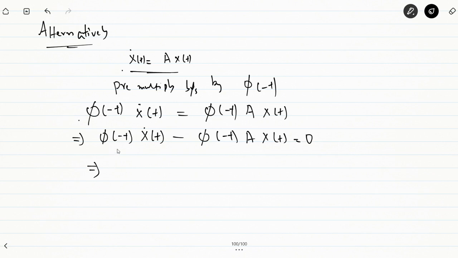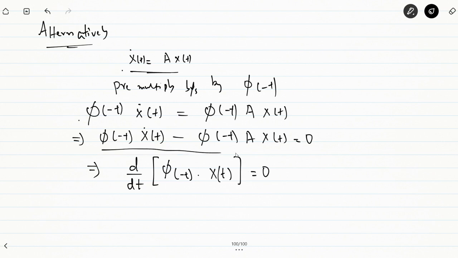Which implies this whole equation here is actually nothing but d by dt of phi of minus t into x of t.